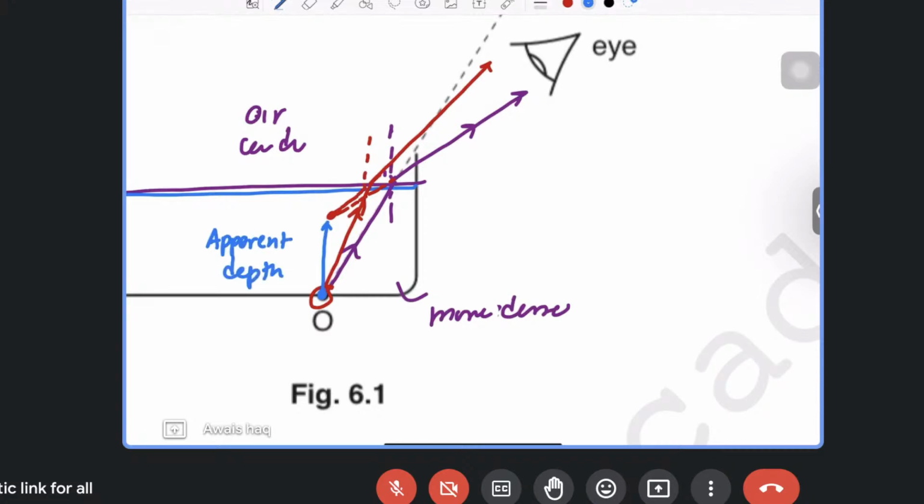Apparent depth means that it's not the real depth. When you look in the swimming pool, you might also see that it looks shallower than it really is. Is it clear? Yes, sir. Okay. Clear. That's good.